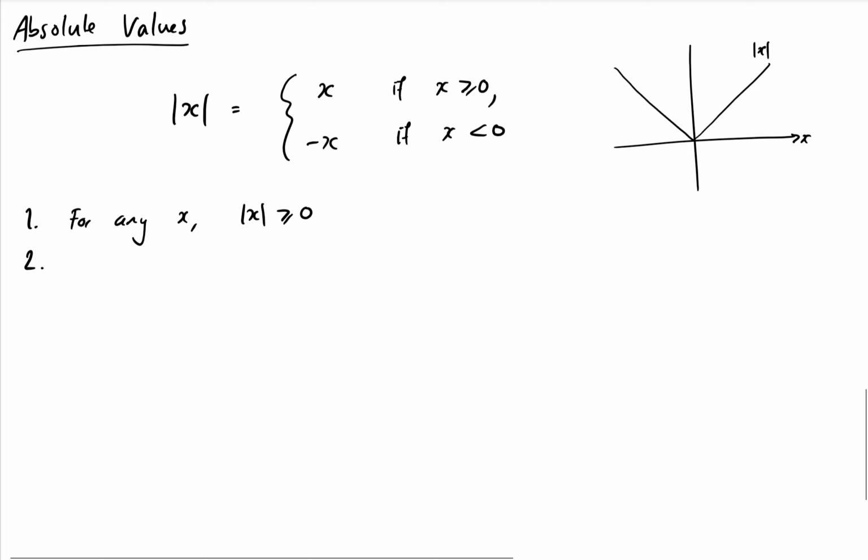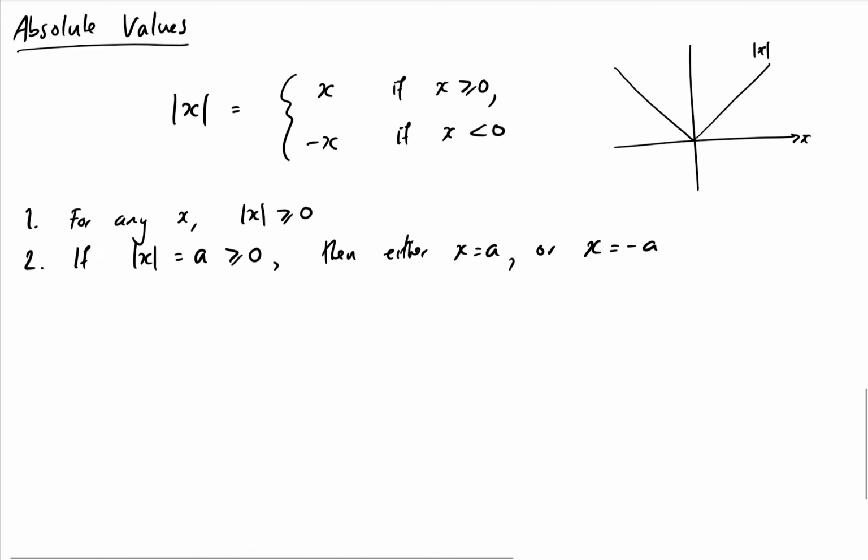Property number two, if the absolute value of x is equal to some value a, which has got to be positive or 0 at least, then you've got two possibilities. Then either x equals a or x equals negative a.